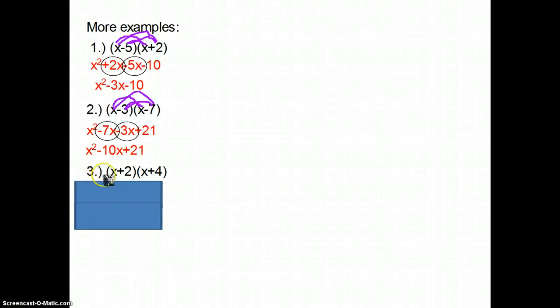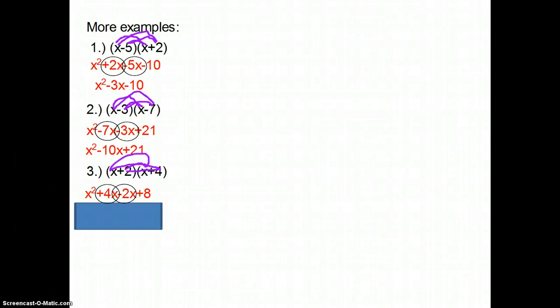Last example. x plus 2 times x plus 4. Well, when we solve it, it becomes x squared plus 4x plus 2x plus 8.